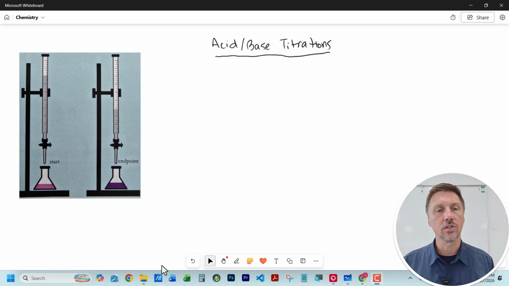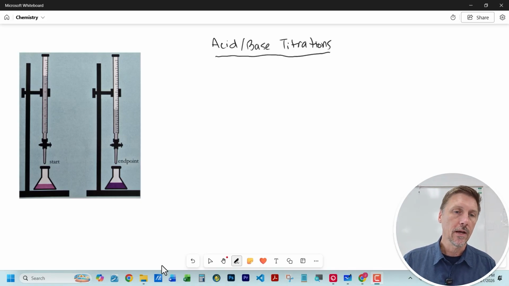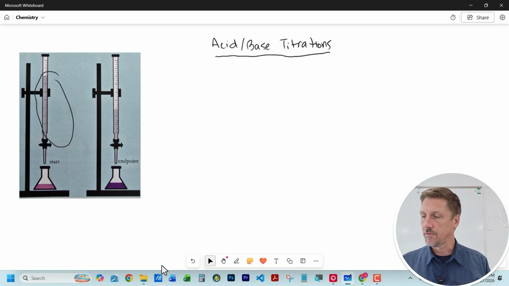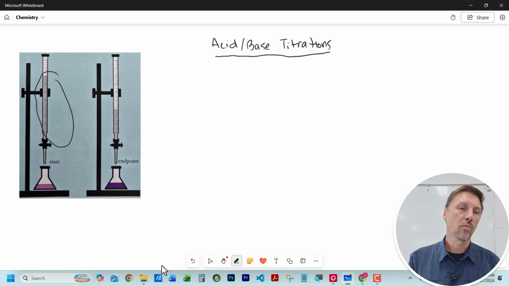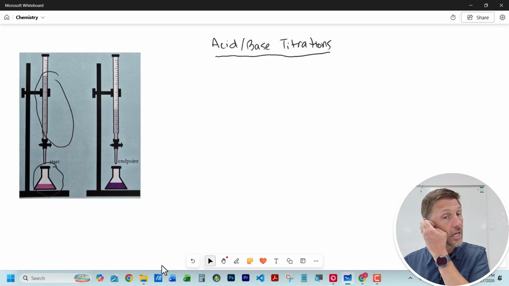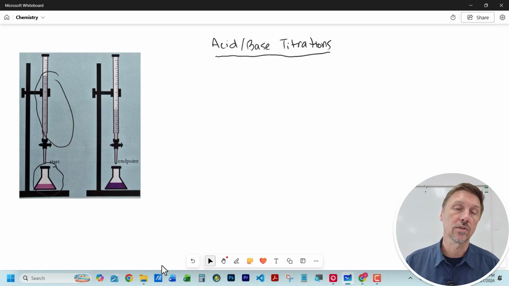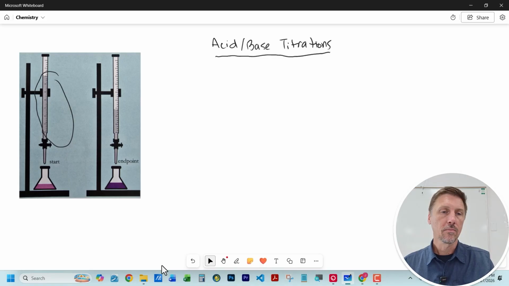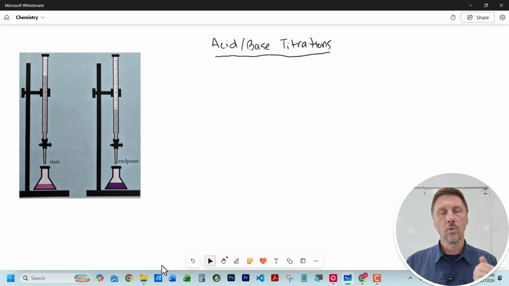And so the idea is that you've got some sort of indicator. You've got this acid, let's say, of a known concentration, and we're dripping that down into this flask here that contains a base of unknown concentration. There's an indicator present, and so when the pH is neutral, in other words, when the base is neutralized, it's going to change color, right?